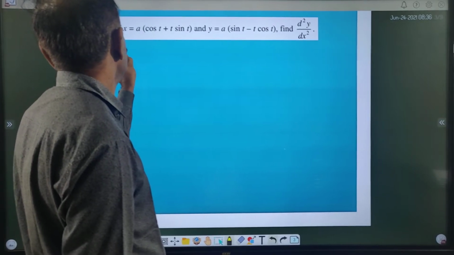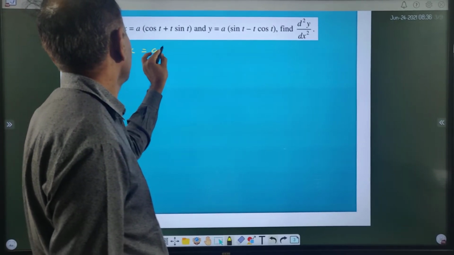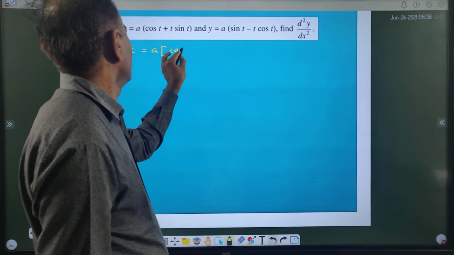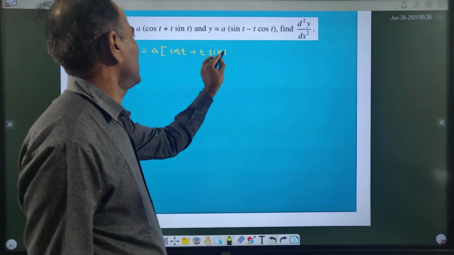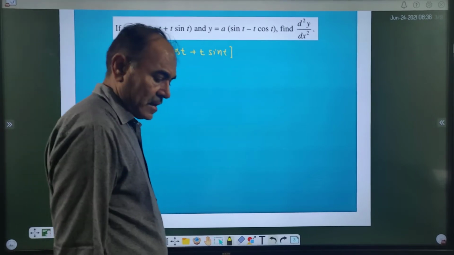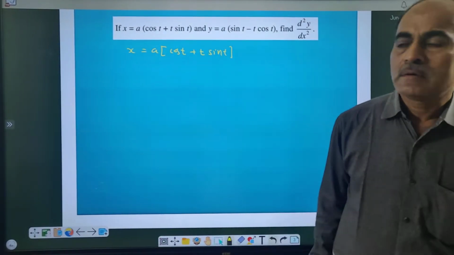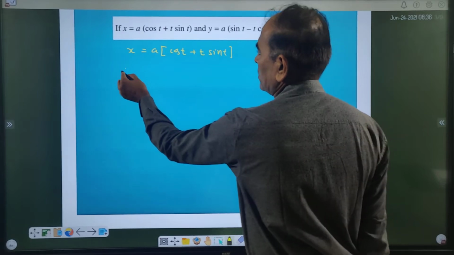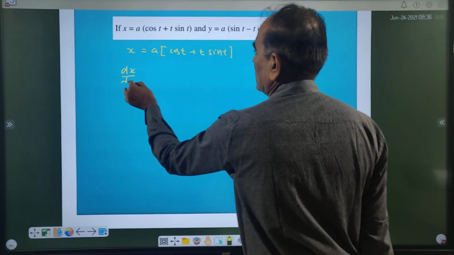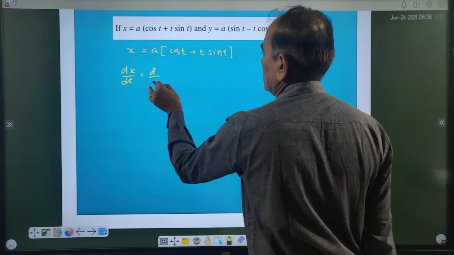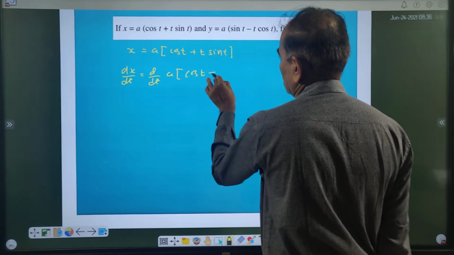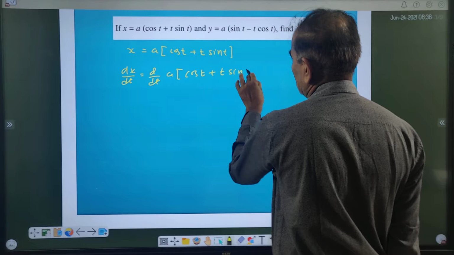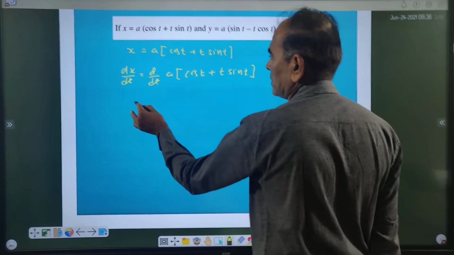So here x is equal to a of cos t plus t sin t. X is a function of t, so differentiate with respect to t. dx by dt is equal to d by dt of a of cos t plus t sin t.